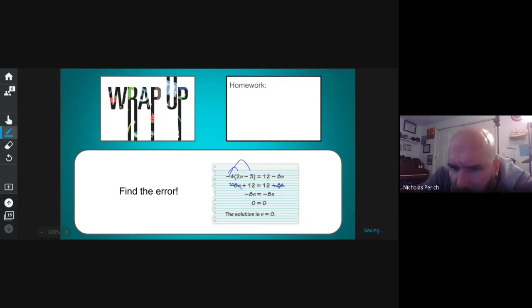That doesn't make sense. The left side and the right side are exactly the same. And it does get 0 equals 0. So the solution isn't n equals 0. If the left side and the right side are exactly the same, it's going to be infinitely many solutions. That's where the problem is. They said the answer was 0, but the answer is actually infinite. That's it.